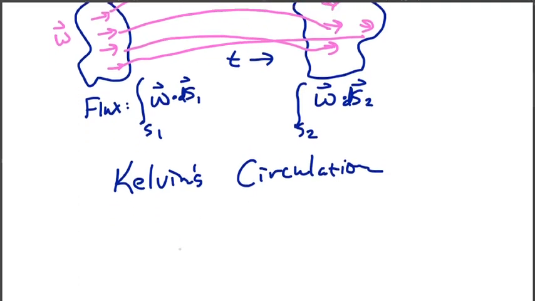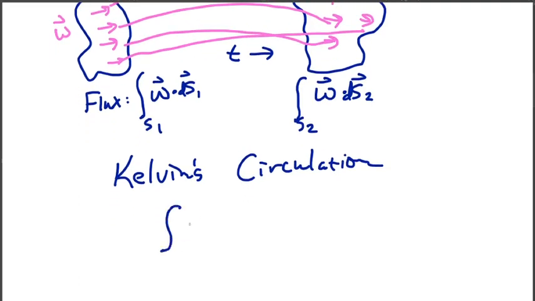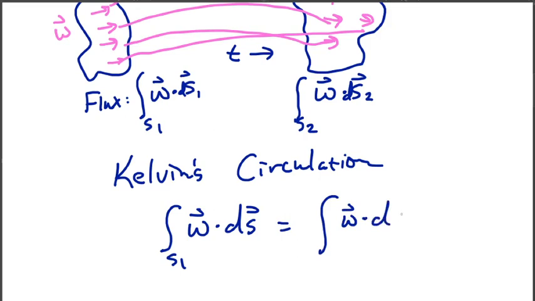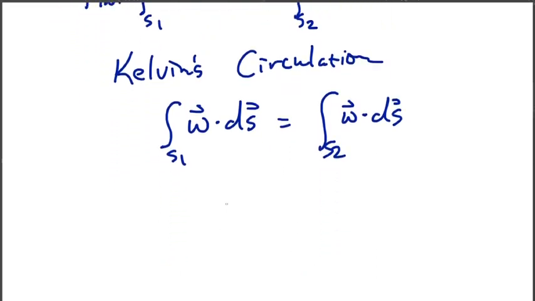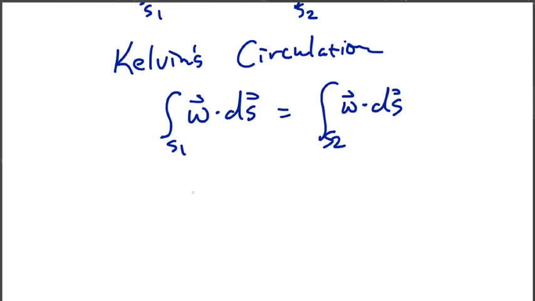It says that the integral of vorticity dot dS evaluated on S1 is equal to the flux of vorticity on S2. Or, thinking of it differently, the term d by dt of the quantity omega dot dS is equal to 0.